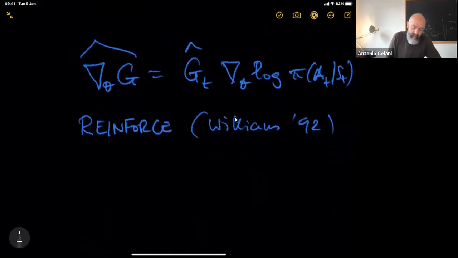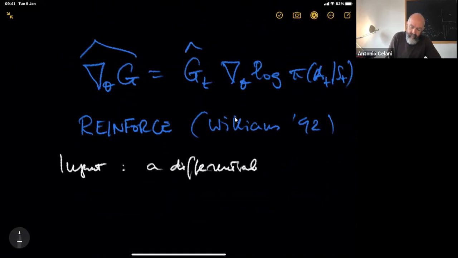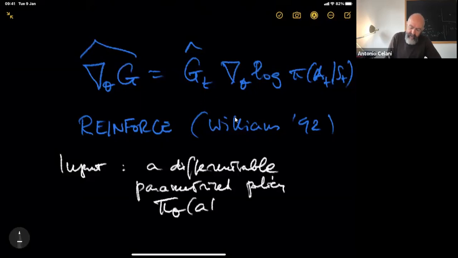As input, you have a differentiable parameterized policy pi theta of actions and state. So this provides your mapping from your low dimensional parameter space to your high dimensional set of actions for each state.